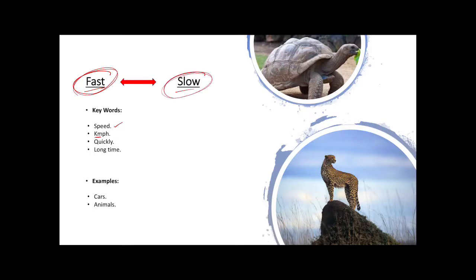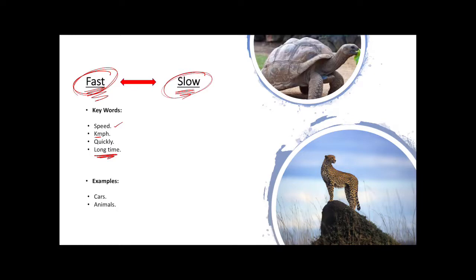Again, if we're talking about things that are quickly, we mean fast. If you take a long time, we mean slow. In the exam, many students finish quickly because they are fast. In the exam, some students, they take a long time because they are slow.